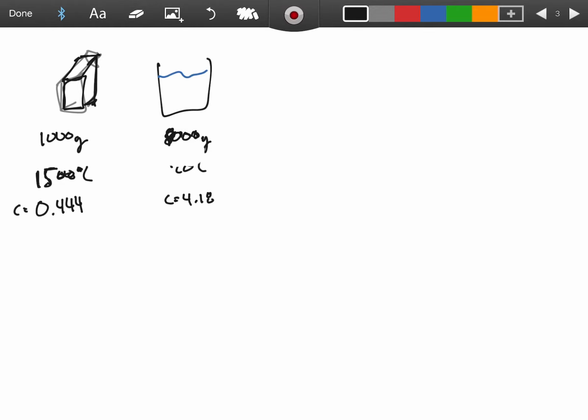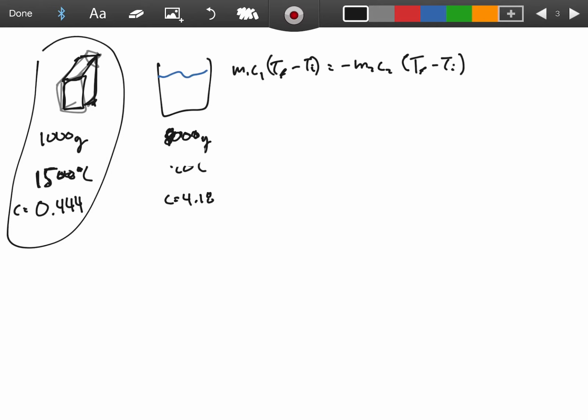Setting up my equation: M1C1 (T final minus T initial) equals negative M2C2 (T final minus T initial). The iron is the hot thing, so it goes over here with the minus sign, because it's losing heat.